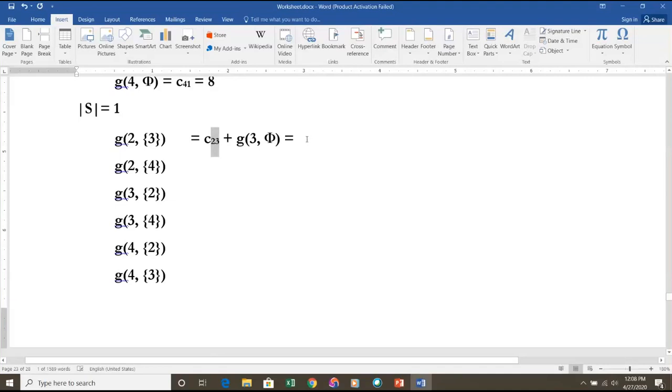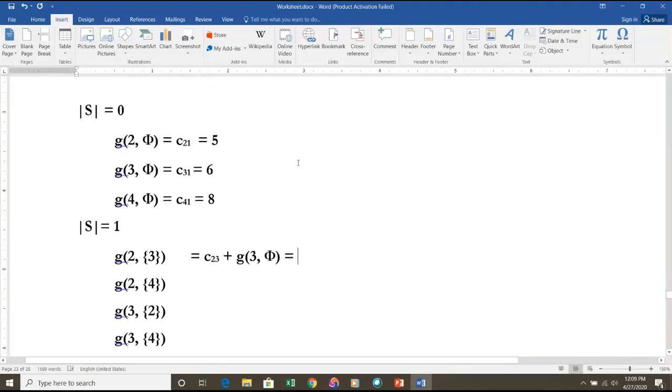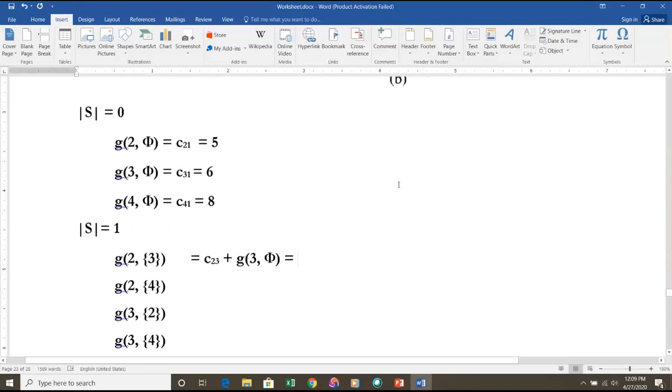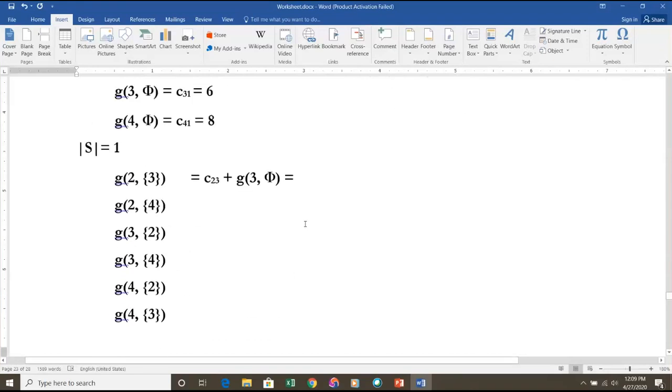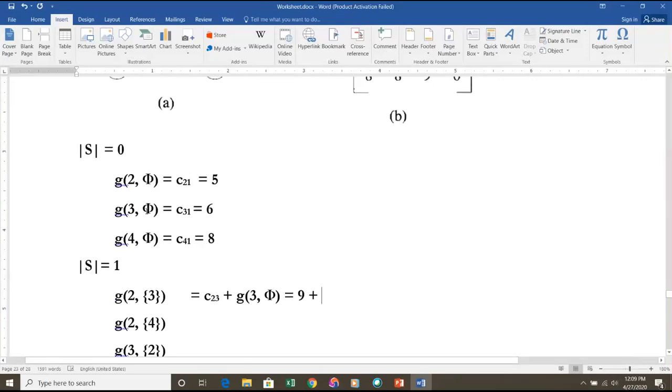What is c of 2 comma 3? You will get it from the graph. 2 comma 3 is 9, plus what is g of 3 comma 5? You will get it here. 3 comma 5 is 6, plus 6 is equal to 15.